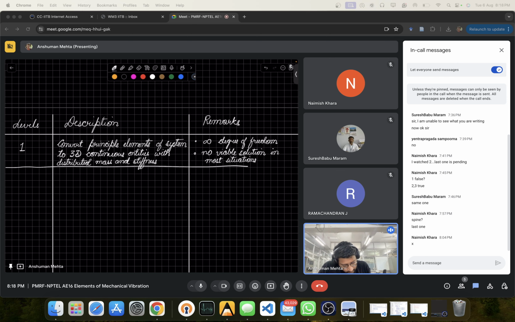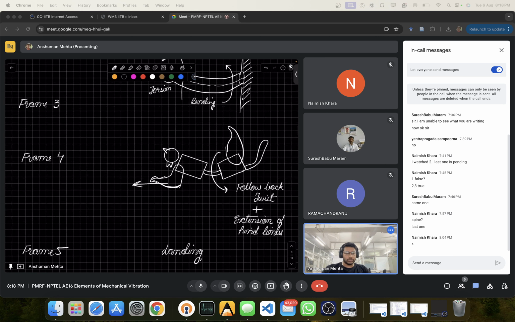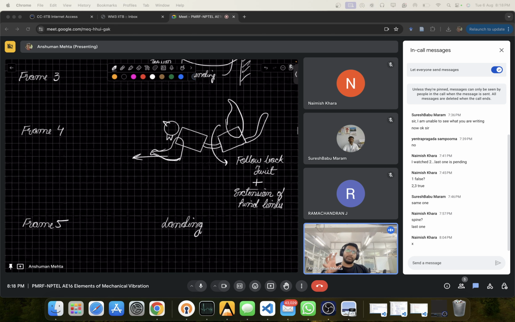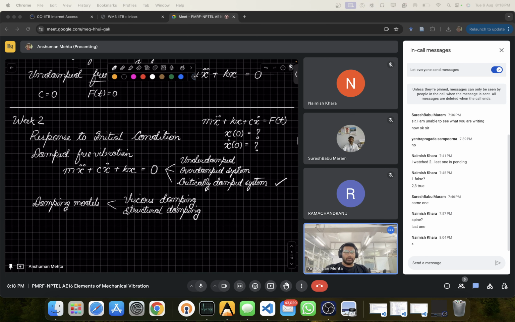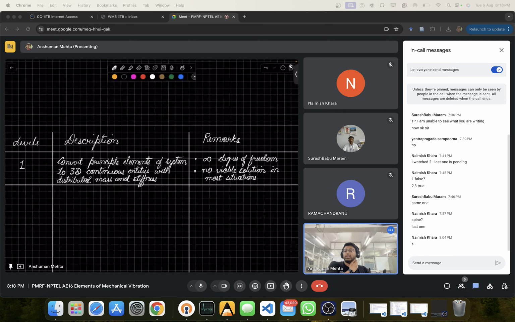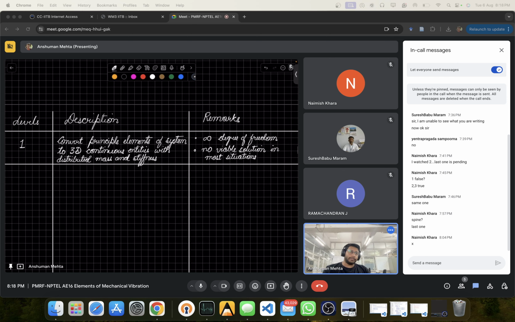This is the first level of what we have done here, right? Here we have converted the system into distributed coordinates. Okay, we have just said this is a beam, this is a torque, this is a shaft, but if we come to the solving, then it has infinite degrees of freedom, and we have to resort to some numerical methods.